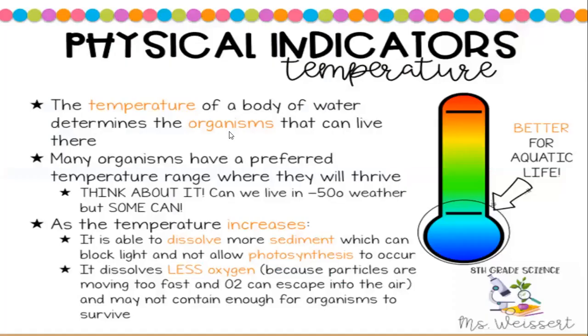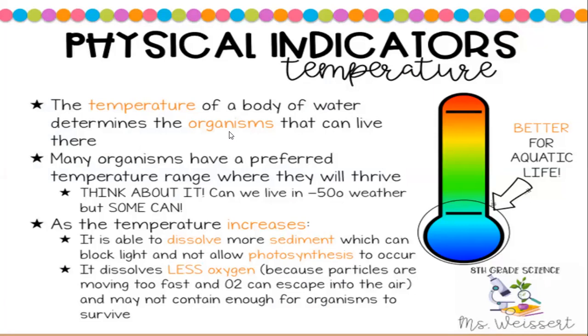All right. So when it comes to other things that we look at, temperature of a body of water is a good indication of the health of it. Also, the type of organisms that live in the area. There are certain organisms that prefer certain temperature ranges, and they stay in that area. If you look at fish and their migration patterns, you'll notice that they stay in areas that have similar climate.